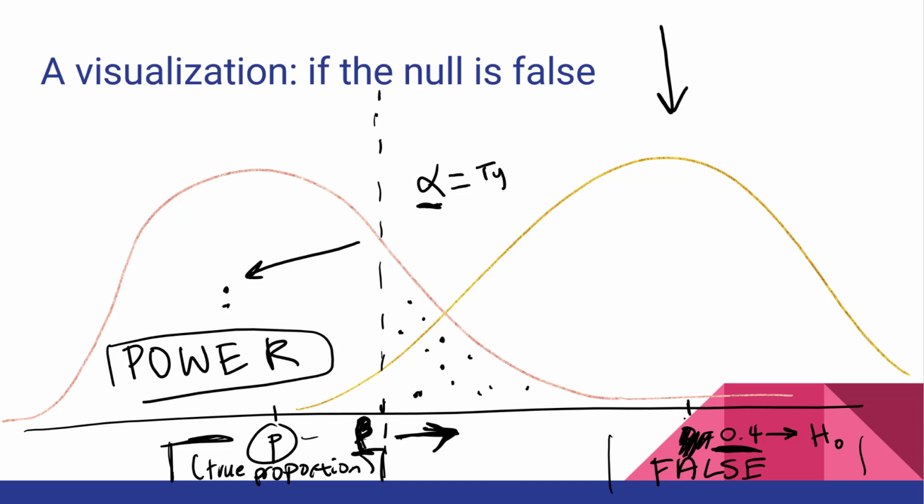Earlier we said that alpha is your type 1 error probability. And so it's the probability that if the null is true, then we go past this line and accidentally reject the null. But what about your beta? Your beta comes into play when your null is false, and your beta applies to the true distribution. So this applies to the pink distribution.